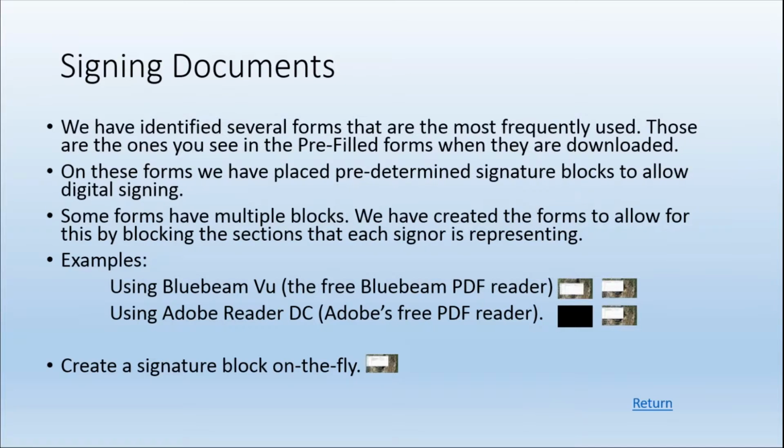You can use more than one tool to sign these. There's Bluebeam VU, which is the free PDF reader from Bluebeam. There's also Adobe Reader DC, which is a free reader from Adobe.